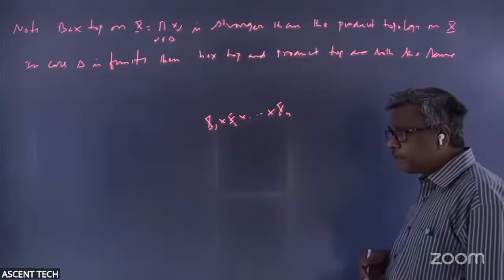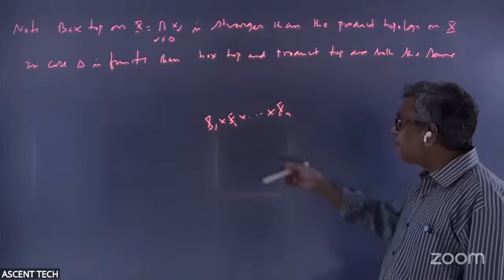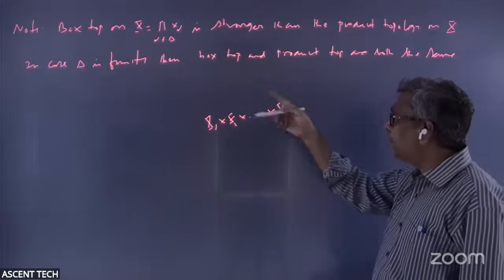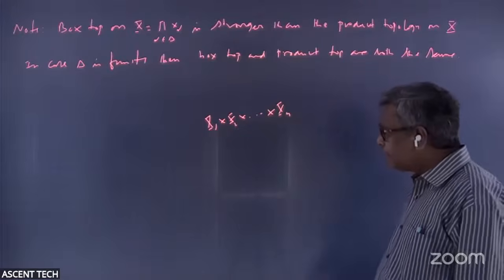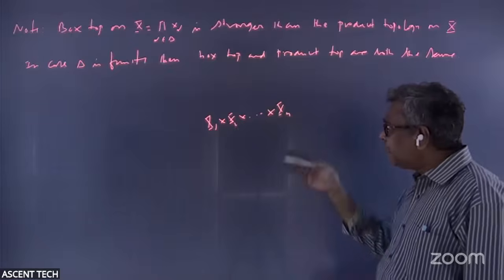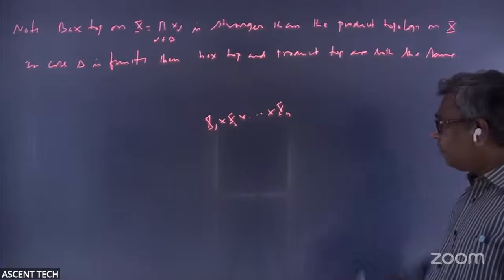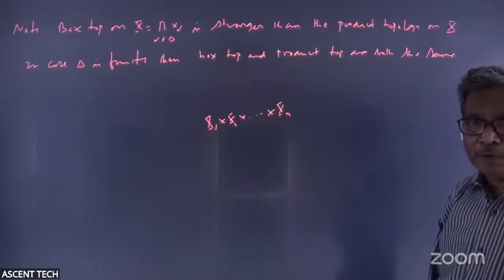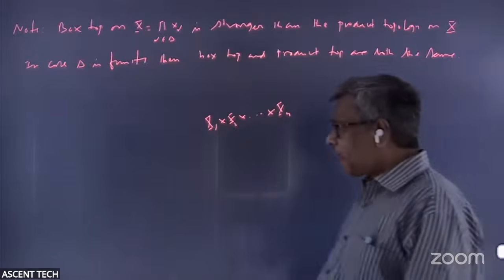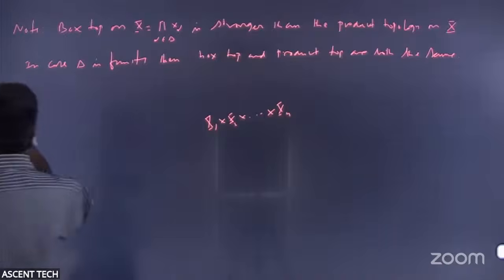So if the number of indices delta is finite, then both are the same. Only when you have infinitely many components do you have trouble.